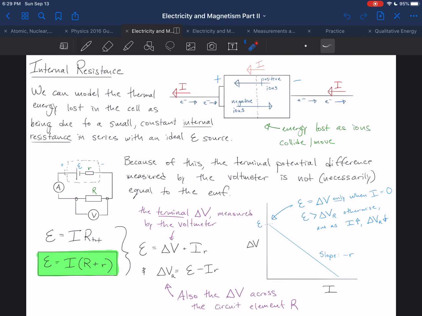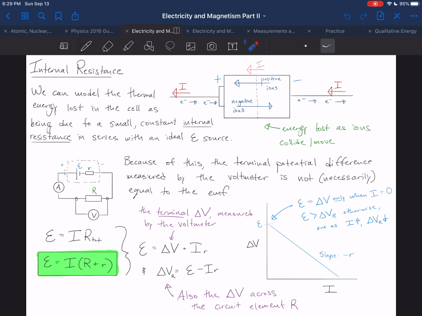So what we can do, though, is analyze this and say, as a first pass of trying to figure out how much energy might be transferred in that process, how much we're losing, we can model what is going on in here as being simply an ideal source of EMF in series with a small constant resistance known as the internal resistance of that cell.